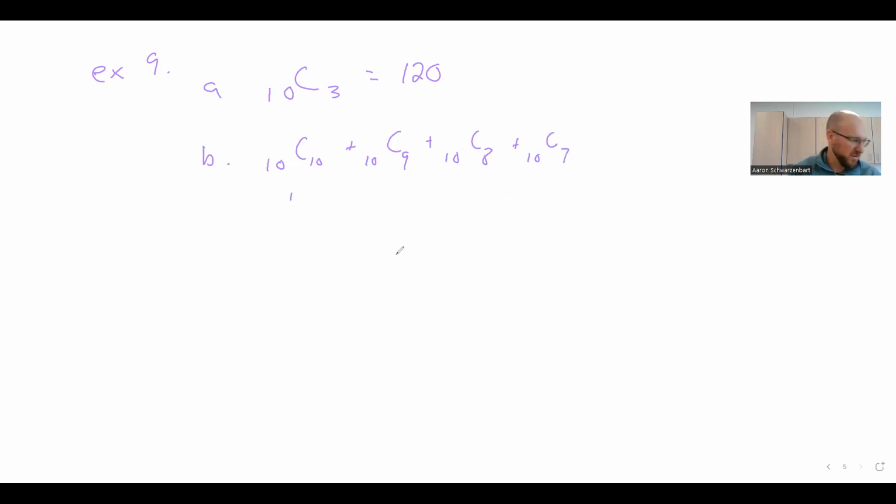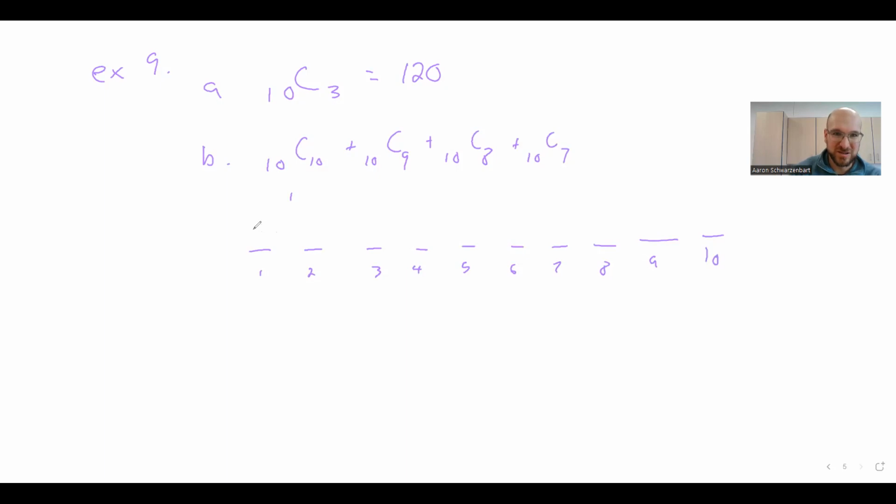Okay, and that gets to be kind of a pain. There's an easier way to think of this. There are 10 toppings. You either choose yes or no for each topping.